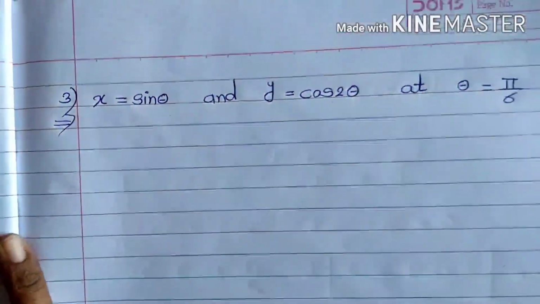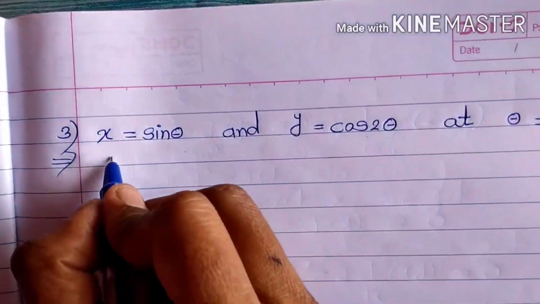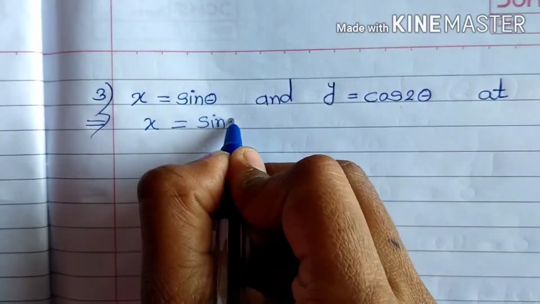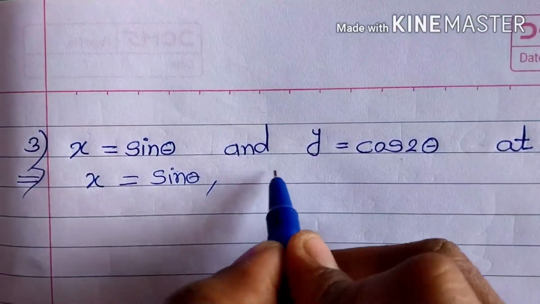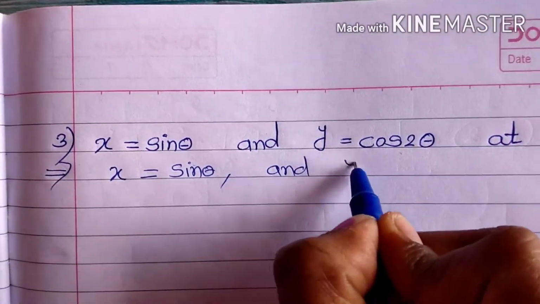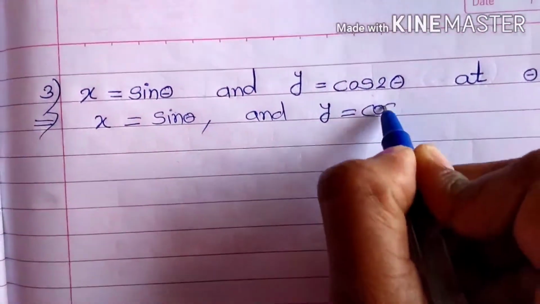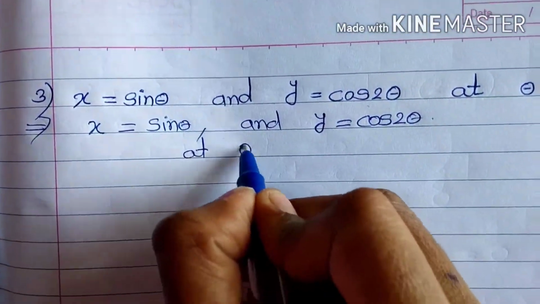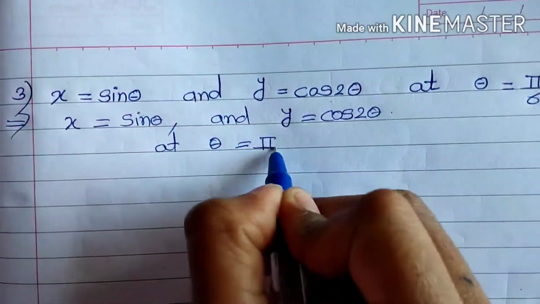So first, x equal to sin theta and y is equal to cos 2 theta, which is given at theta equal to pi by 6.